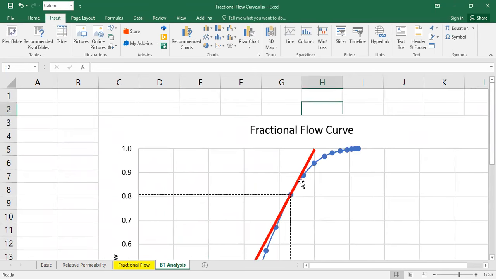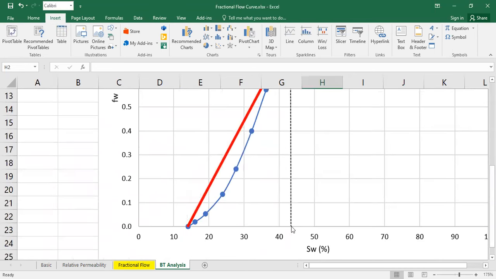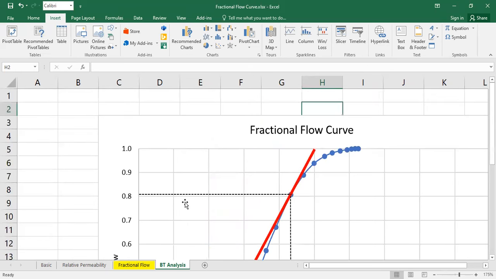The water saturation at breakthrough is around 40 something, maybe you can call it 44%, and the fractional flow is around 81%.